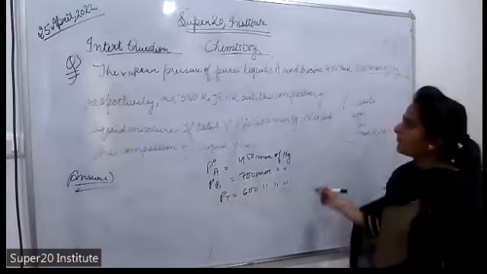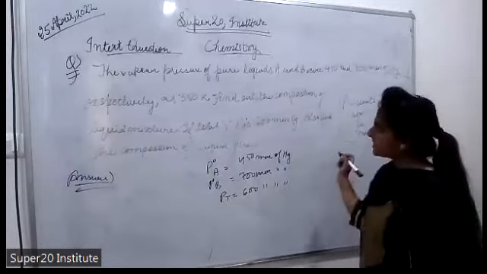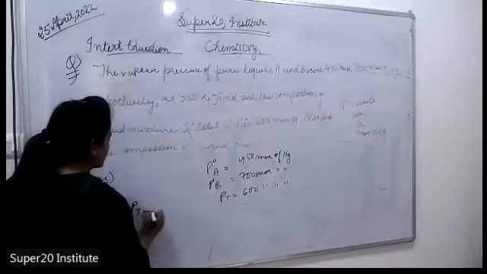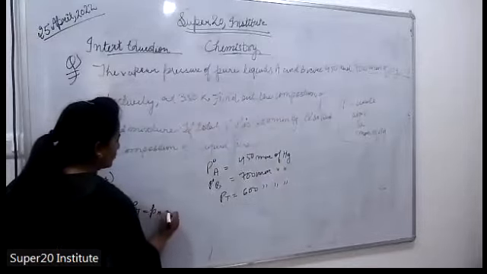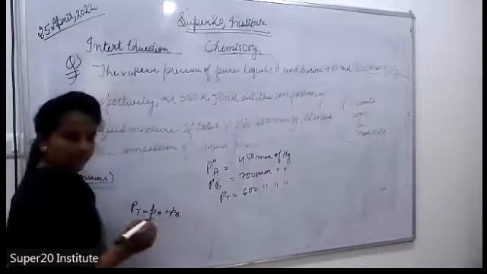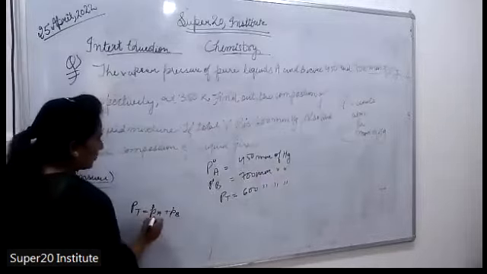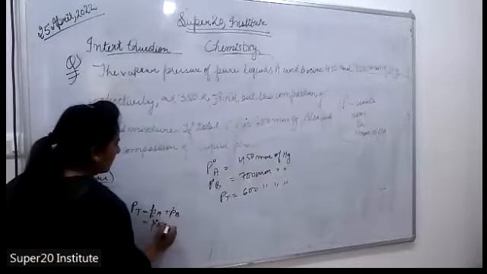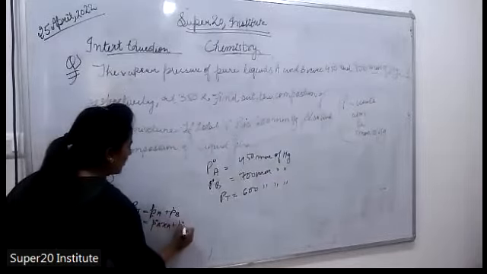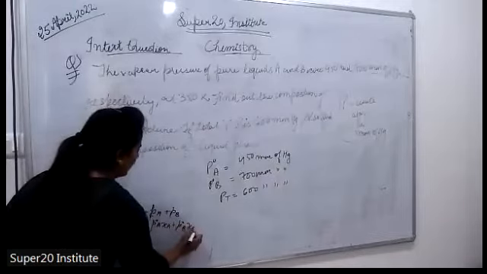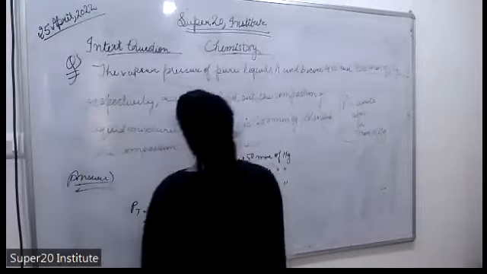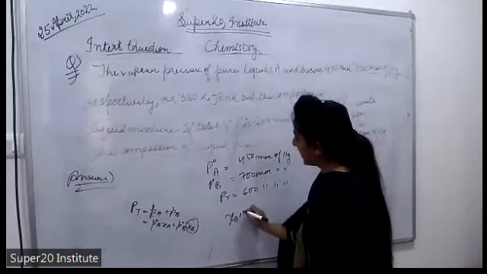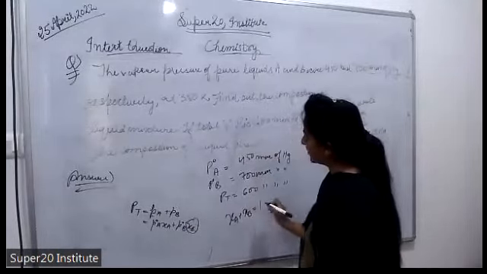So by using Raoult's law, how did we do the calculation? P total will be equal to P of A, the partial pressure of A, plus the partial pressure of B. Right? It was like this. And according to Raoult's law, PA will be equal to P naught A chi A, plus P naught B chi B. And we also know that in a binary solution, chi A plus chi B will be equal to 1.